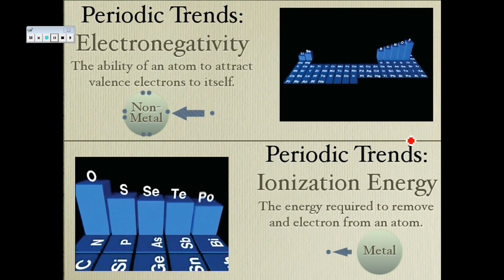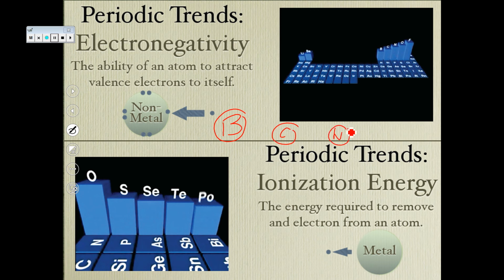Let's take a look as you go across a period first. As you go across a period, the radius of the atoms is getting smaller. So let's say we have boron here, we have carbon here, and we have nitrogen here.